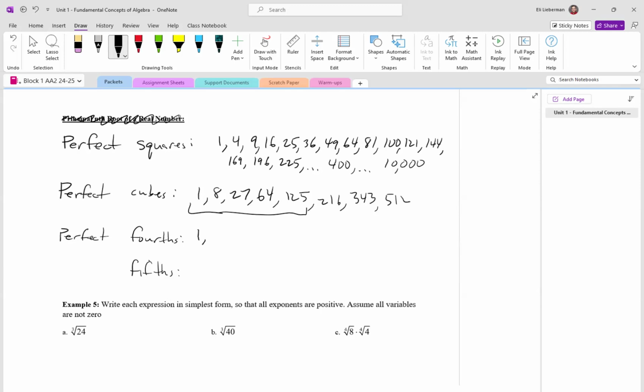So after 1 we have, we're doing perfect fourths, 16. Then 81. Anything else? 256. After that, do I expect you to know it? Do you know the next one?